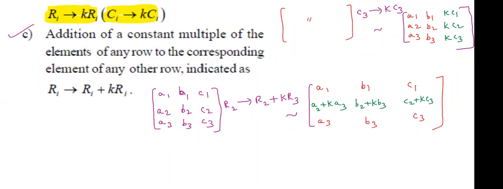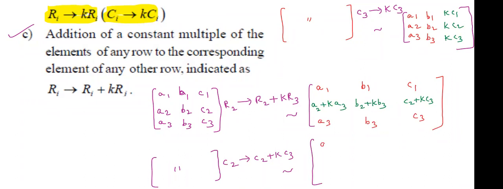Columns, how are we doing? Left to right, left to right. If you want, I will write that. See, we can write. This is the matrix, C2 plus KC3. Then what matrix do we get, students, tell me.